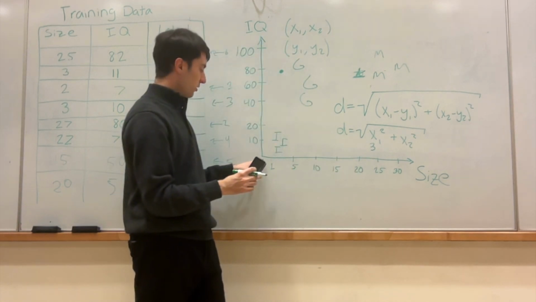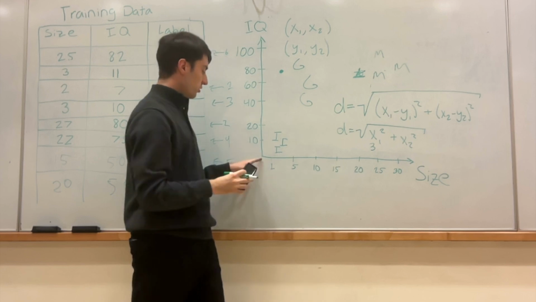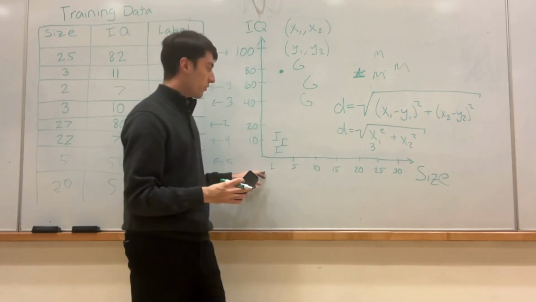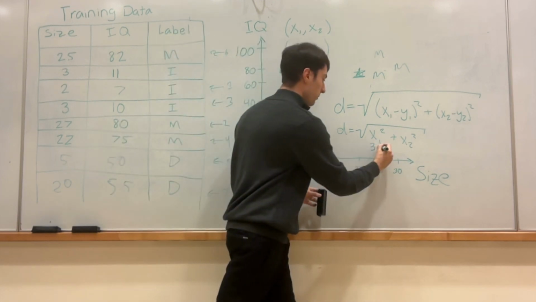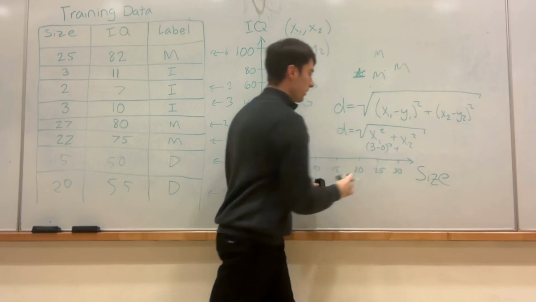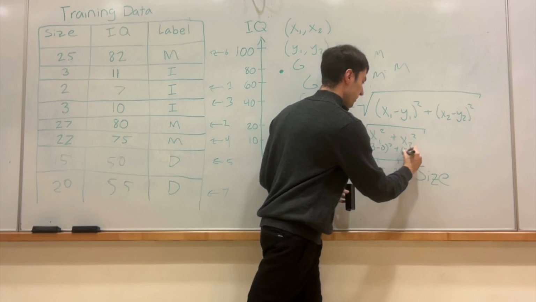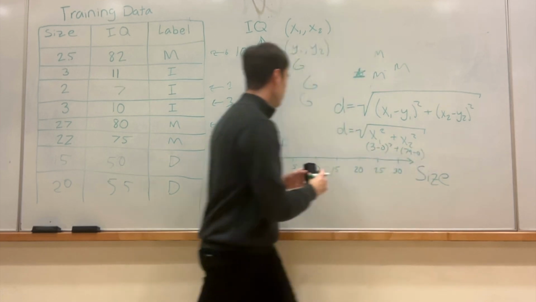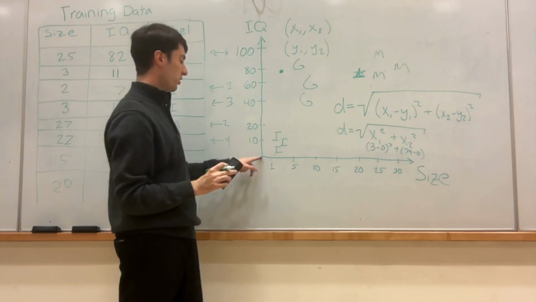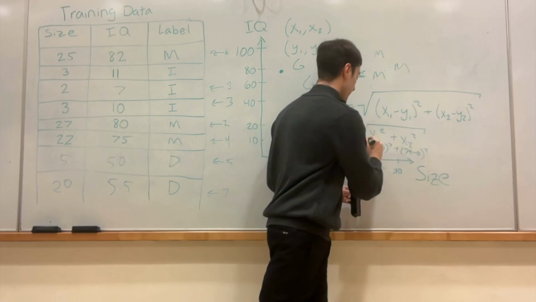But this is between this point and the origin. So the origin has x1 of 0. So minus 0 squared plus, then this point has 79. 79 minus 0, because the origin has an IQ of 0 right there, squared, and then take the square root.